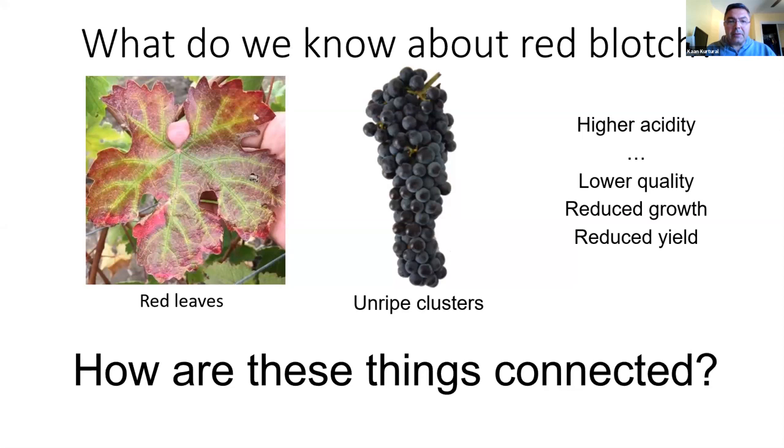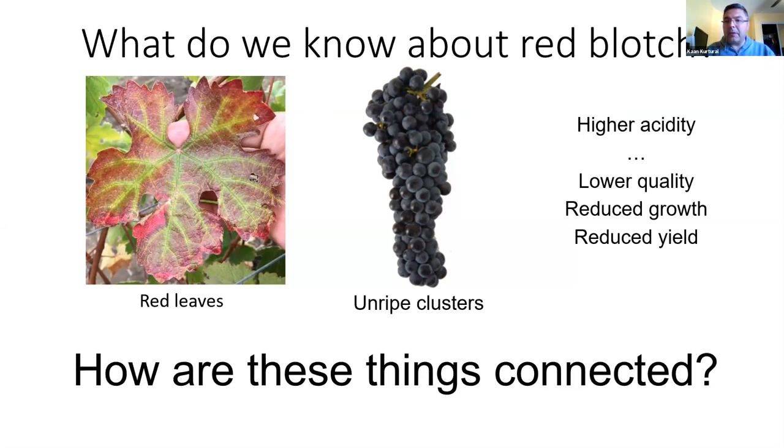So grapevine red blotch is not new anymore. We do know some things about it. As we phenotypically see it, we see the red leaves on the grapevine. We end up with unripe clusters at our harvest.